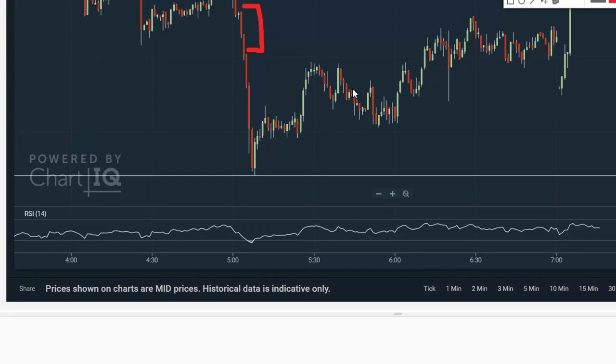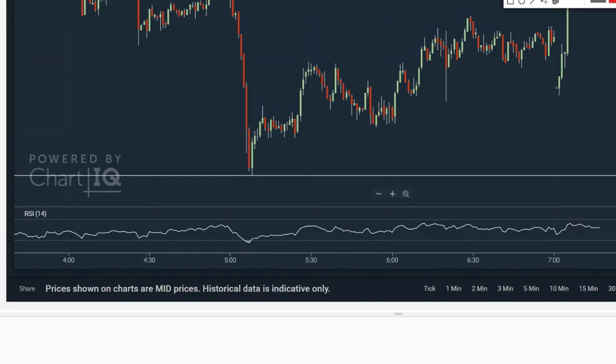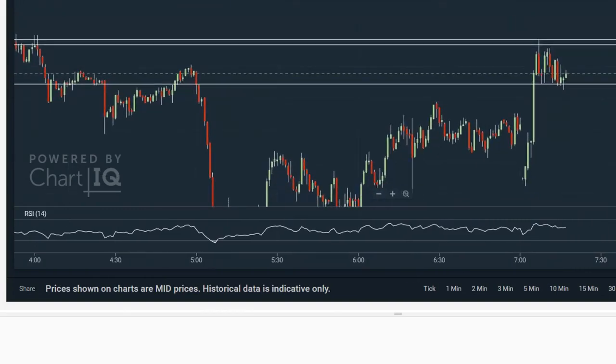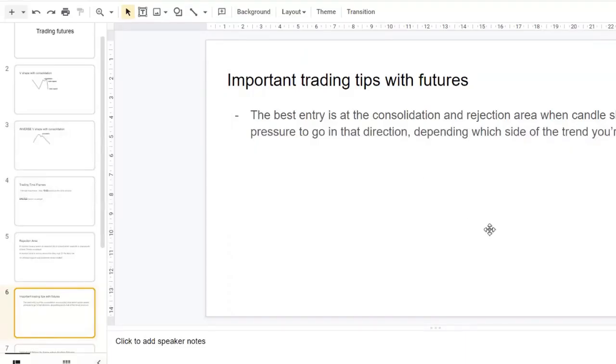But if you can take the first two red candles if you're shorting, that's good. If you can take the first two green candles when you're buying, that's good. The major big ones, of course. So that is the best entry.